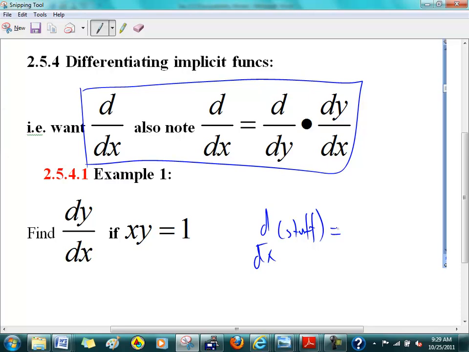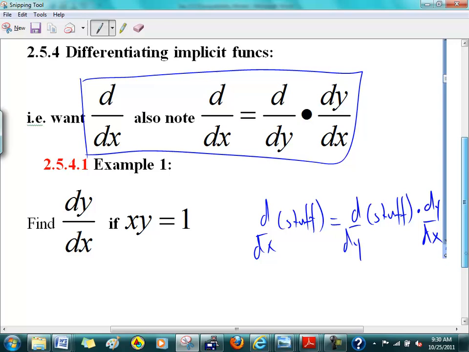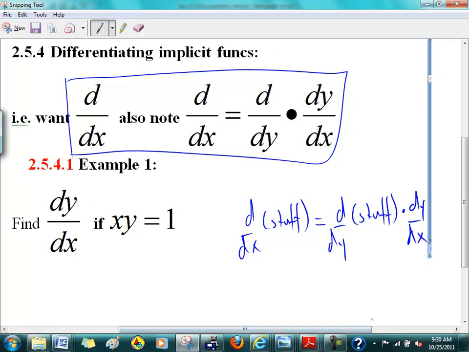The excitement is out here. The implicit rule is saying this: when you're differentiating stuff with respect to x, you do it with respect to y, and then multiply it by dy by dx. And here's why this kind of makes sense. This is not what actually happens, but conceptually you can think about canceling this guy with this guy here.